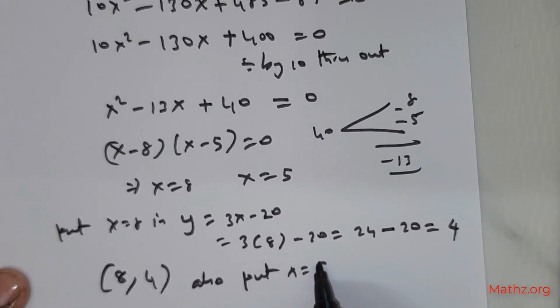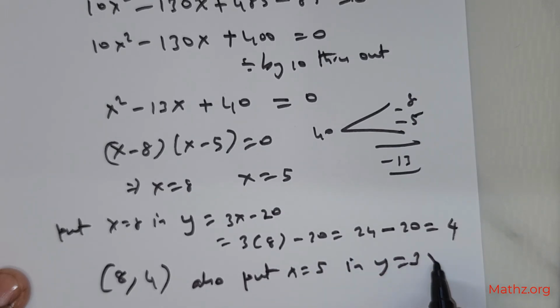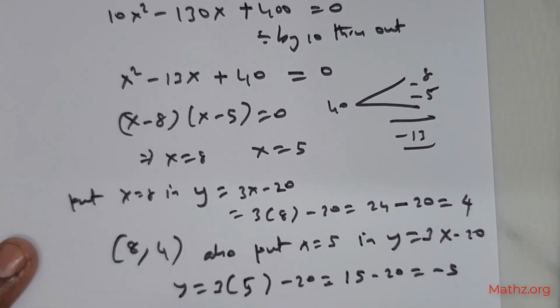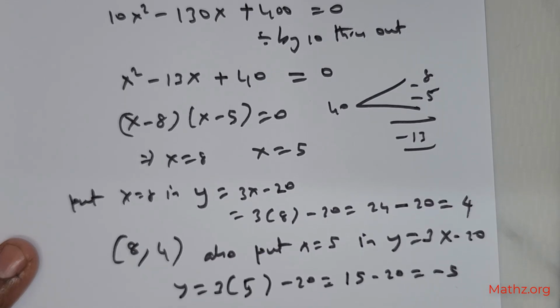Also put x is equal to 5 in y is equal to 3x negative 20. So what do you get? y is equal to 3 of 5 negative 20. This is 15 negative 20 is equal to negative 5. So next coordinate is what? 5 comma negative 5.